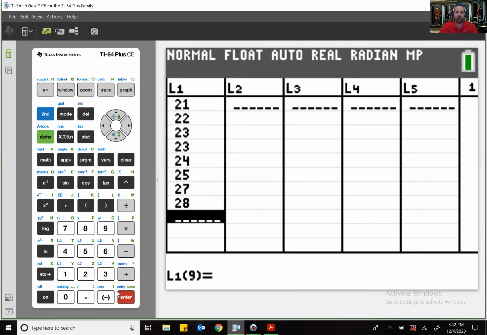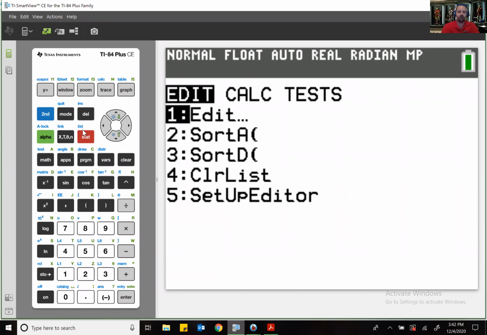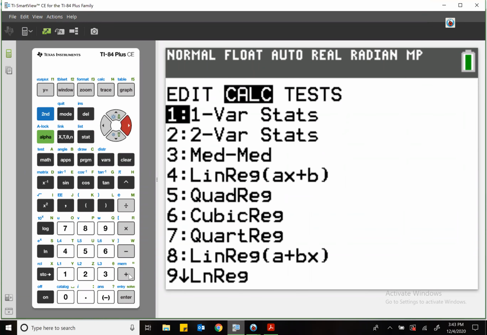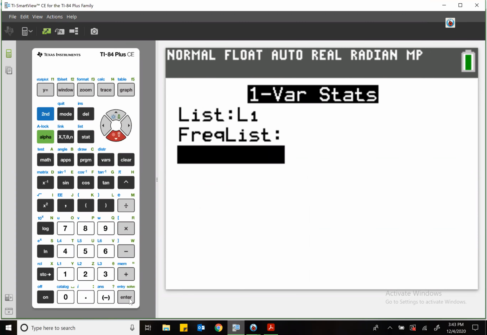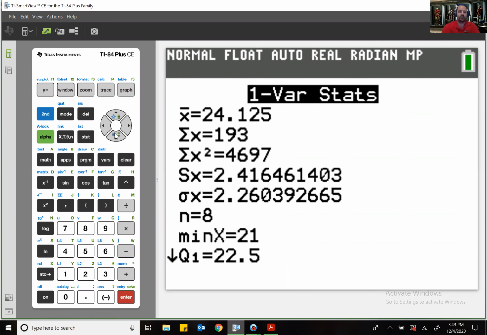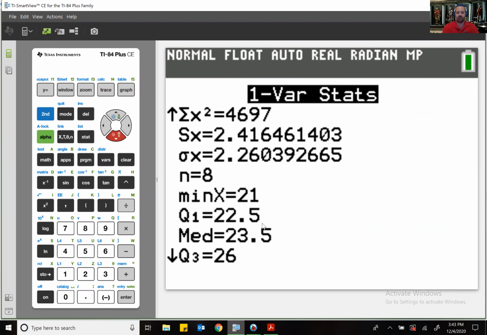And now where would I go? Stat and where? Over to calculate. Calculate and the top one. Go down to calculate, scroll down a little bit, and there's the median, 23.5. Cool.